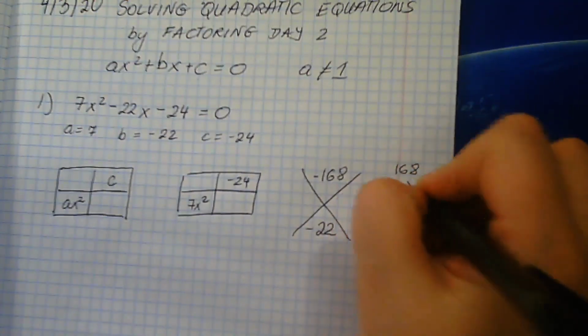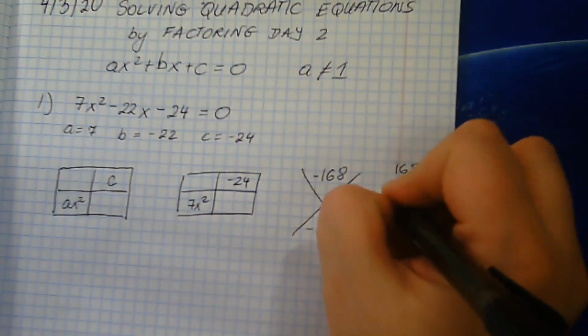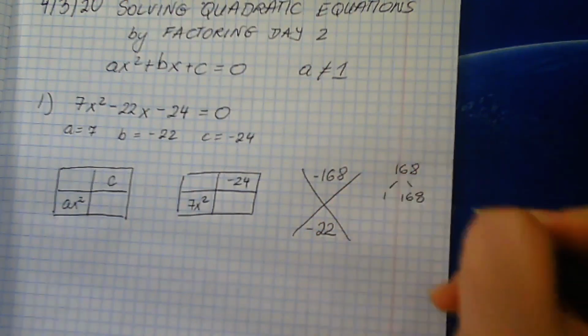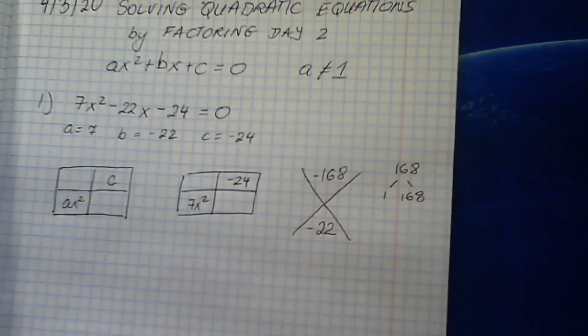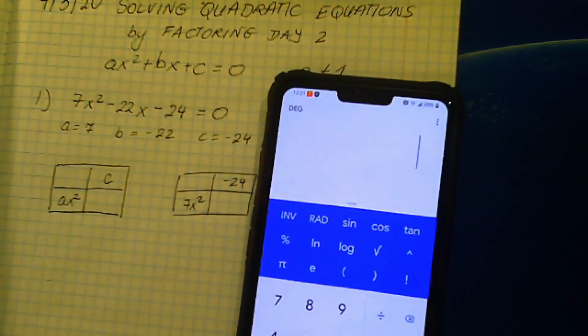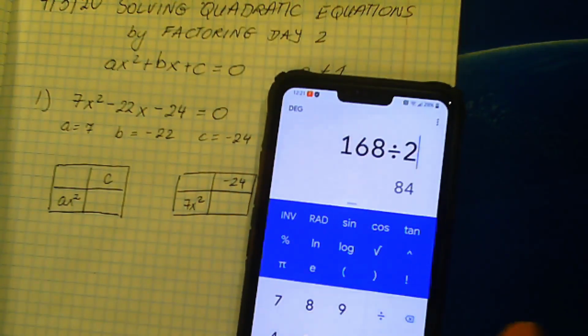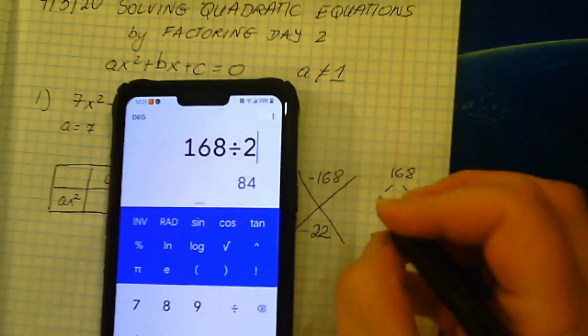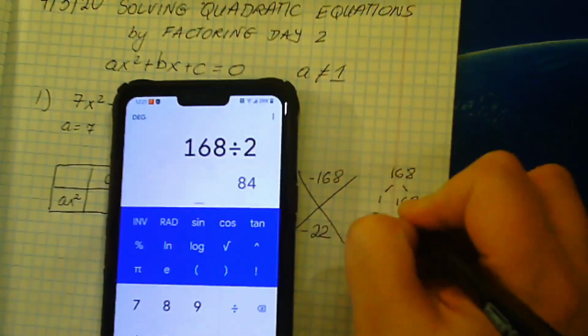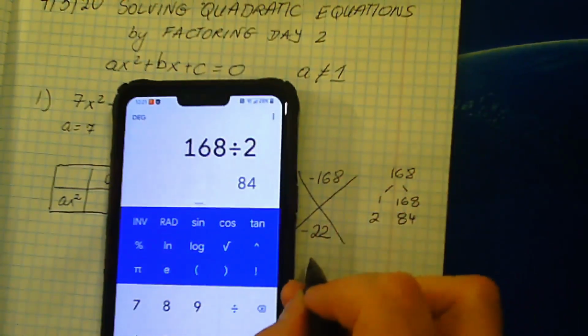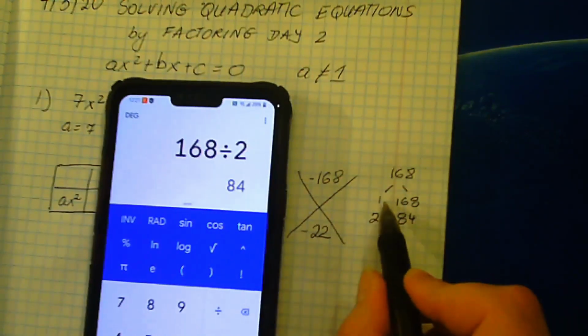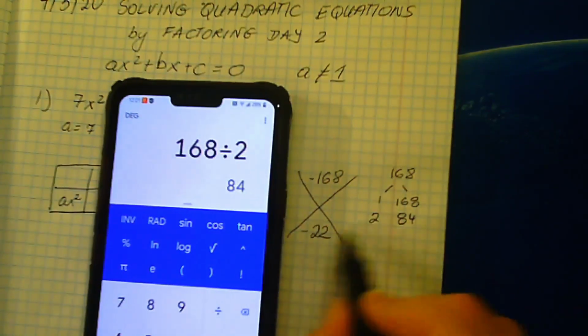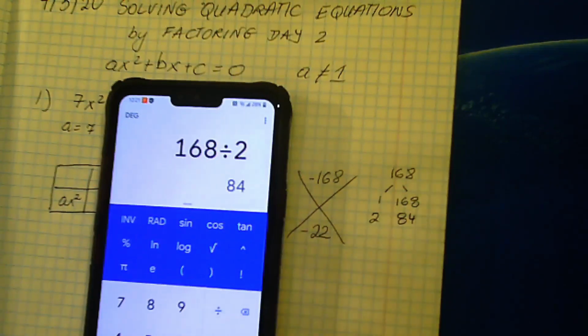I'm gonna find the factors of 168. Now I'm gonna divide it by 2. What is it? 84. So I'm writing 2 and 84. I'm checking every time when I find my pairs: is that gonna ever give me negative 22? No, close enough.